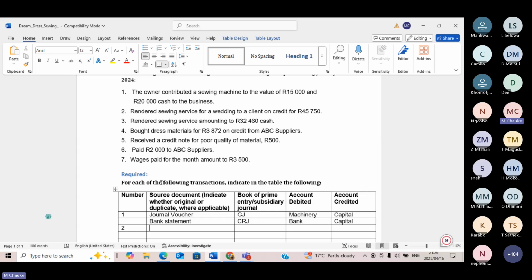So I'm going to give you an example just for you to understand why duplicate invoice. A duplicate invoice is a copy of the original receipt. Remember, source documents are just receipts given when the transaction is taking place, which show evidence that a transaction is taking place.